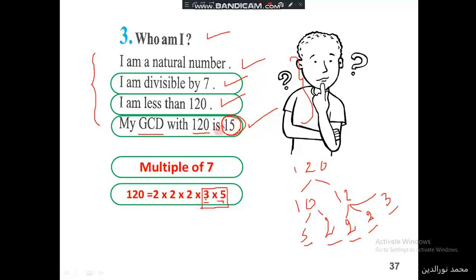But since the GCD is 15, the only common factors between 120 and this number are 3 and 5.